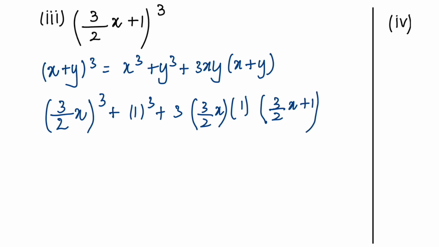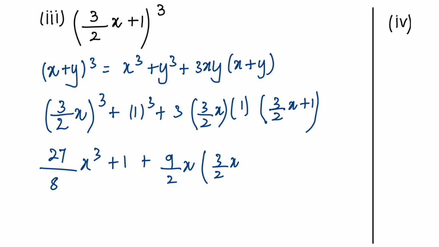So 3 cube is 27, 2 cube is 8 and x cube, right? So 27 by 8x cube plus 1 plus 3 times 3 is 9. So 9 by 2x into 3 by 2x plus 1.